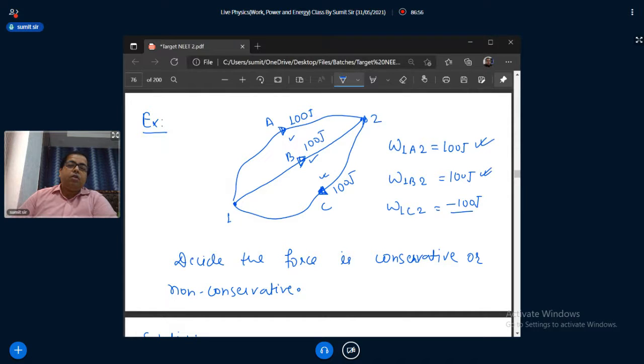If the work done on these two paths is the same, it doesn't mean that it's a conservative force. There is a third path. For each and every path, if the work done is the same, that means work done depends only on point 1 and point 2, which means it's a conservative force. But if on any other path the work done is not the same, the force is non-conservative. So the nature is non-conservative. This is the answer.